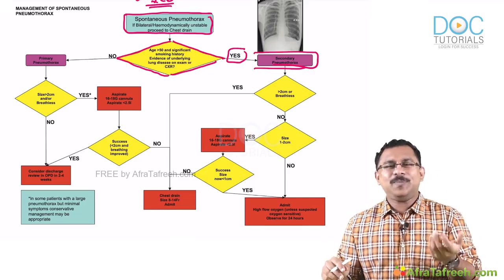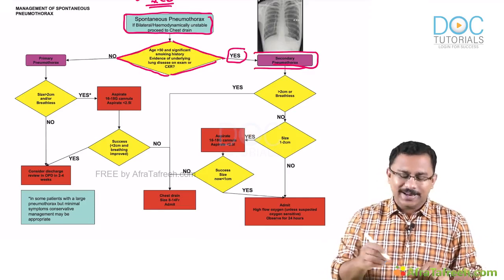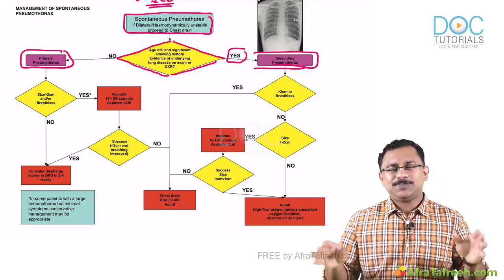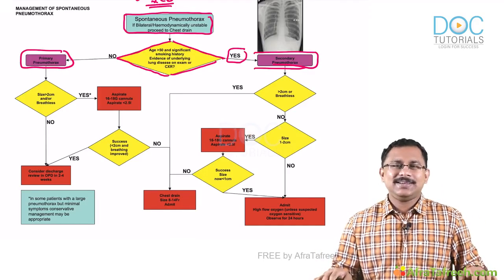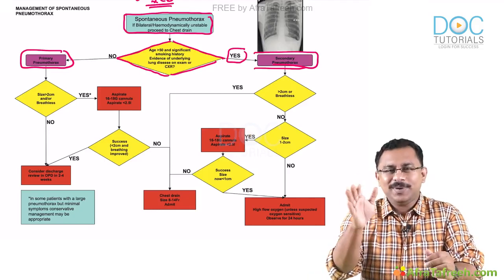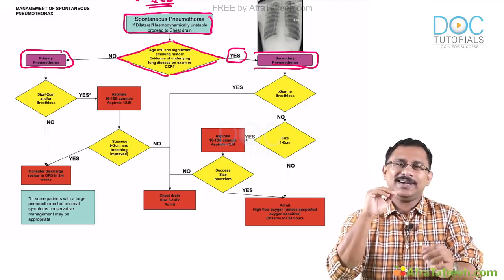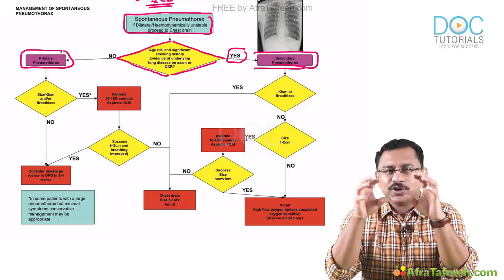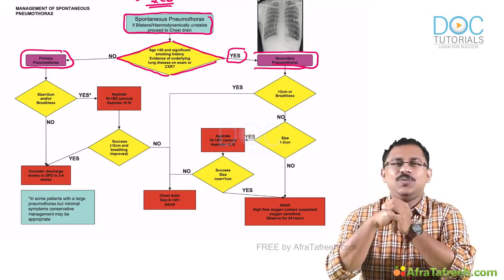If he is a younger patient who presents with pneumothorax, this is likely to be a primary pneumothorax. As per the BTS guidelines, there is a slight difference in the management between a primary and a secondary pneumothorax. But again, remember, the decision making is mainly based on the size, which we are coming to.